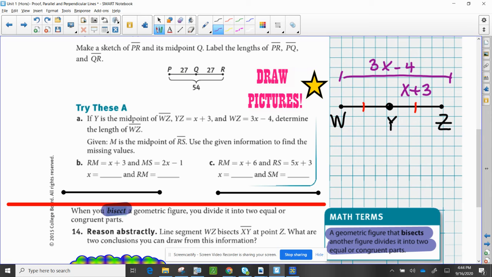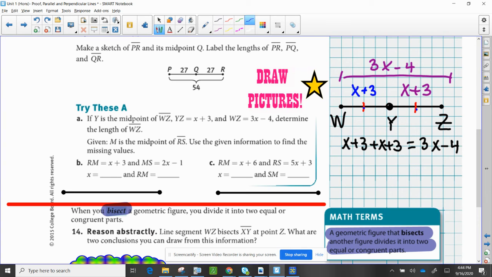So before I can do that, I have to solve for x, right? So I have to use the idea that I know that these are congruent. So if this segment is x plus 3, then YW is also x plus 3. And then I'm going to use my segment addition postulate, and say that if I add these two segments together, x plus 3 plus x plus 3, it has to equal the total length of my big segment, okay, which was 3x minus 4.